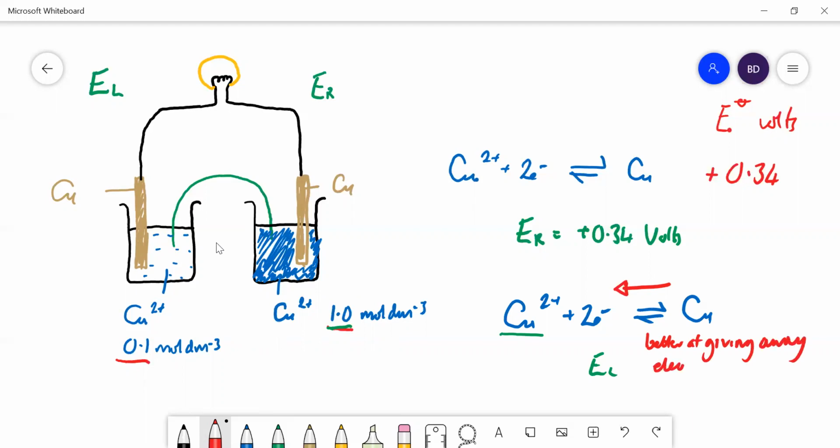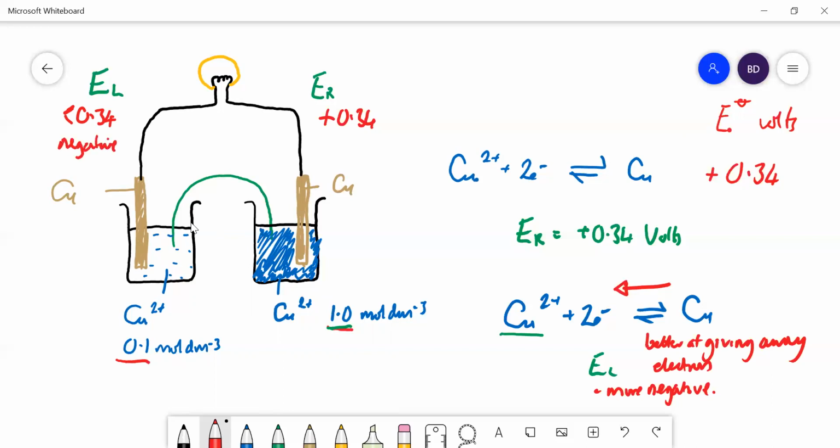That means the E value for E left will be more negative. It will be lower than the value for E right. So that one is plus 0.34 volts, and that one is less than 0.34, i.e. it's negative with respect to the right.